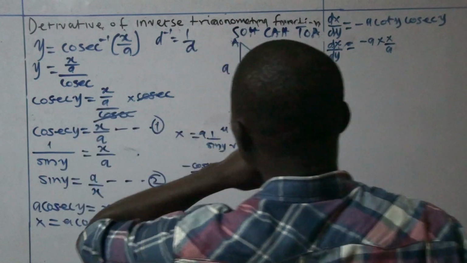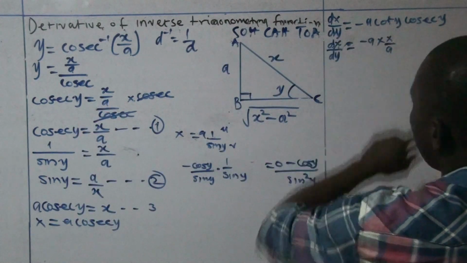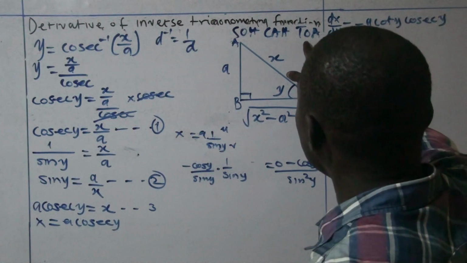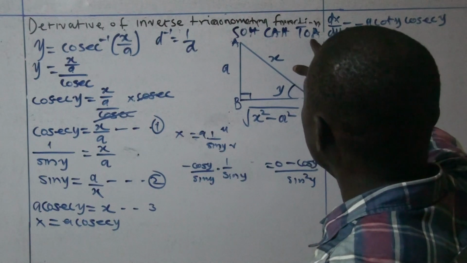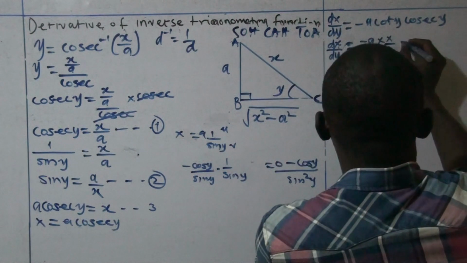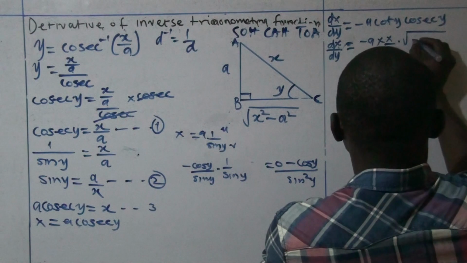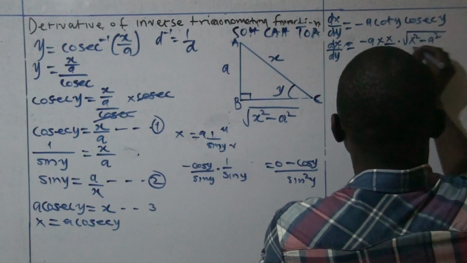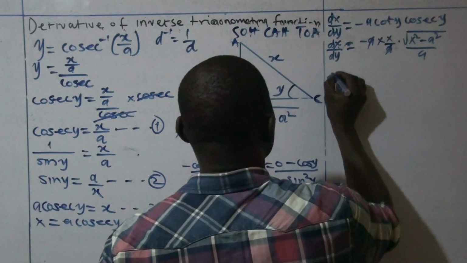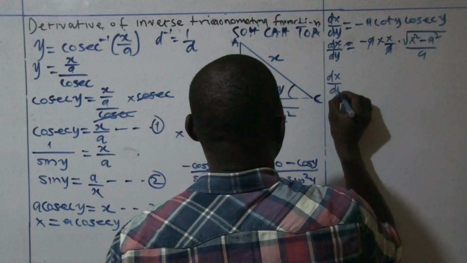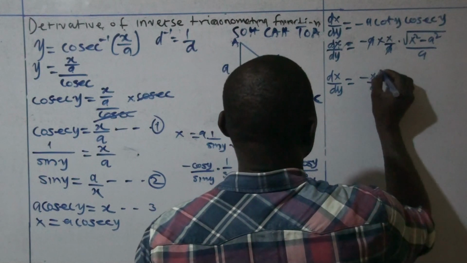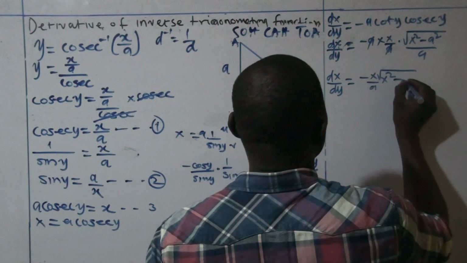What is cot? The cot obtained here is the inverse of tan, 1 divided by tan. So if tan is opposite over adjacent, then cot will be adjacent over opposite, which is root x square minus a square divided by a. Here a will go with a, and then we'll have dx over dy equal to minus x over a times the square root of x square minus a square.